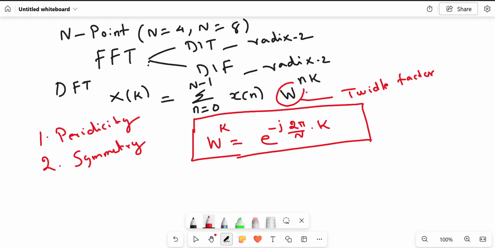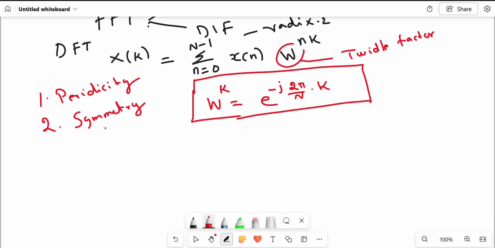Because of the symmetry property, the input sequence is divided into even and odd parts, 0 to N by 2 minus 1, and the other part again 0 to N by 2 minus 1.